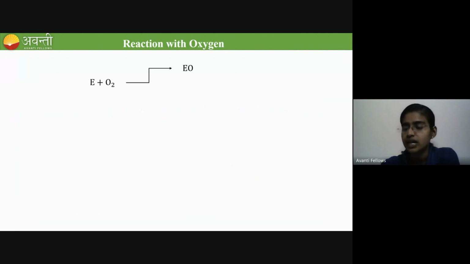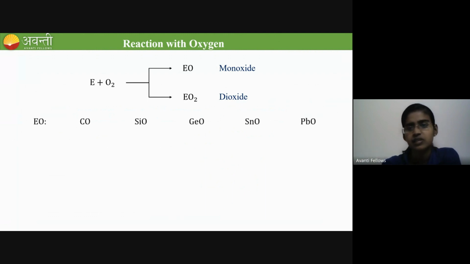One has the formula EO, that is monoxide, and the other is EO2, dioxide. If carbon is reacting with O2, it forms carbon monoxide as well as carbon dioxide. In the same way, silicon, germanium, tin, lead, everything will form.